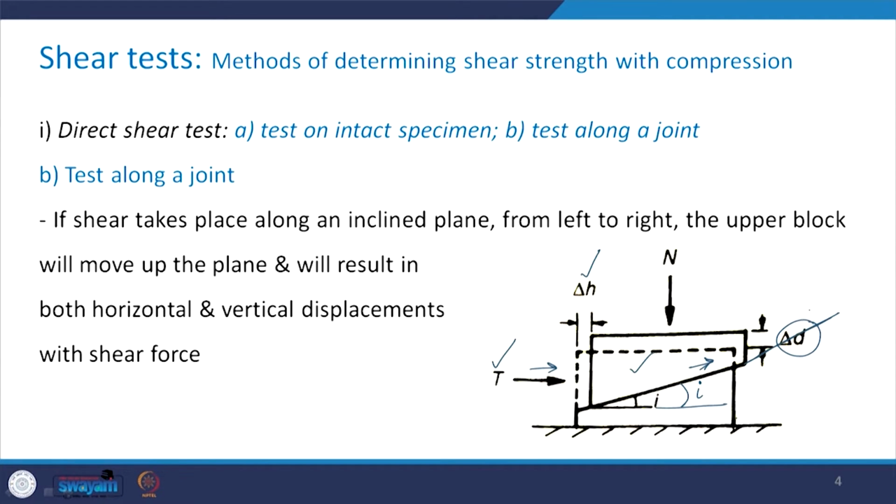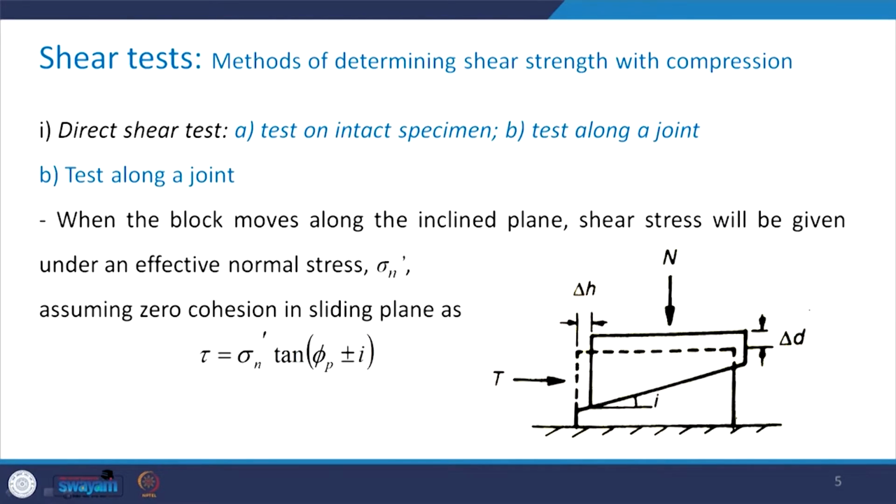As against sliding along the horizontal plane, when the sliding takes place along the inclined plane, there are going to be horizontal as well as vertical displacements when you increase the shear force.